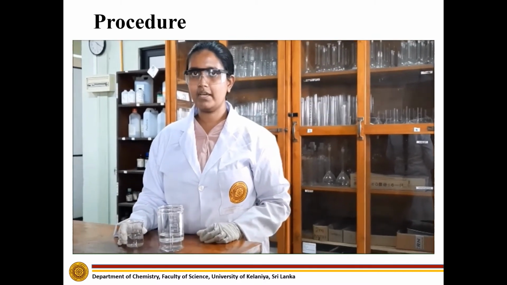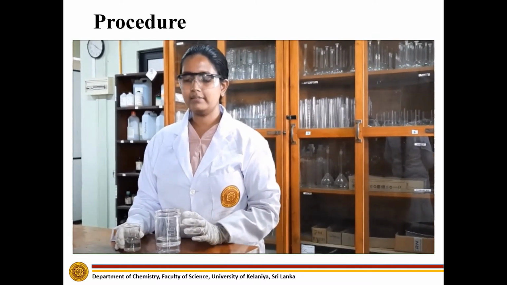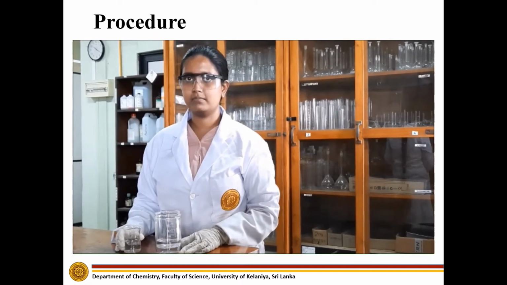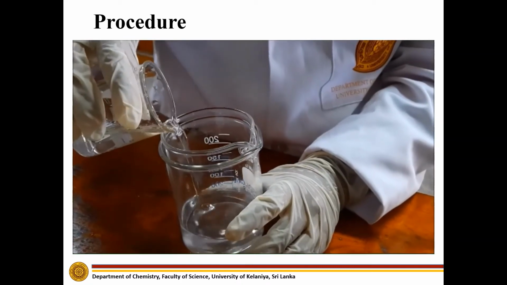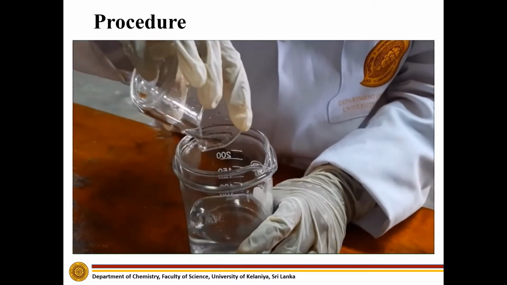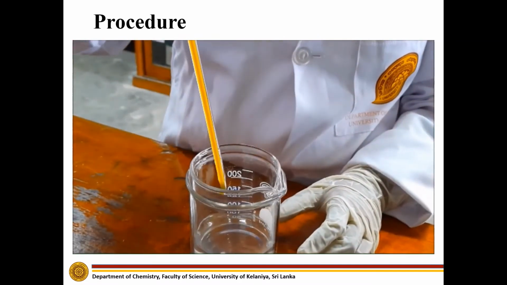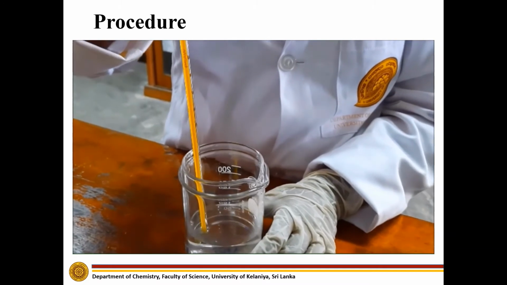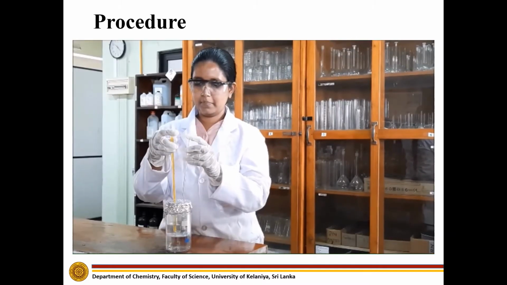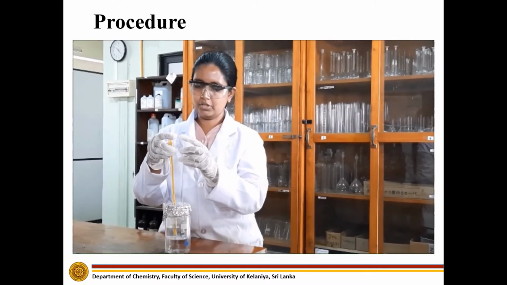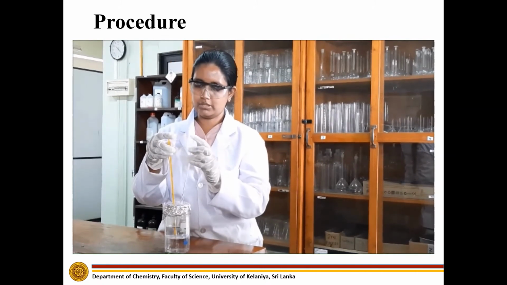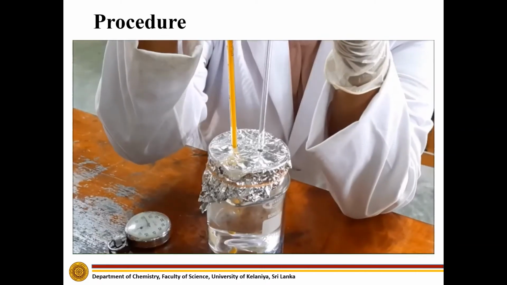Now transfer this sodium hydroxide solution into the hydrochloric acid solution in the experimental setup. Measure the temperature of the mixture immediately. Record the temperature of the solution at each 30 seconds until the maximum temperature is reached.